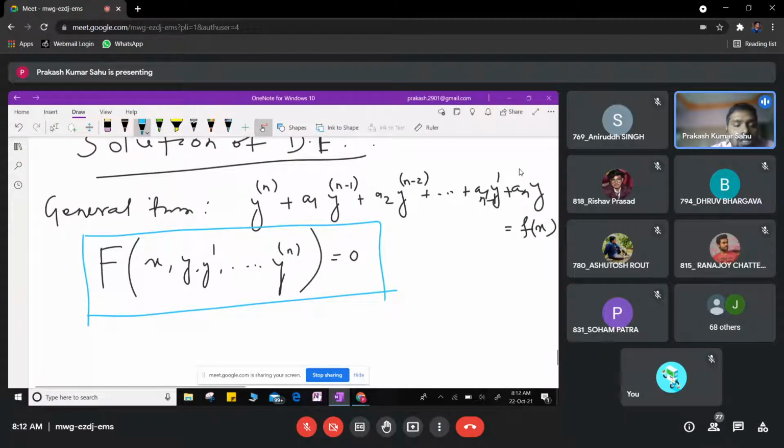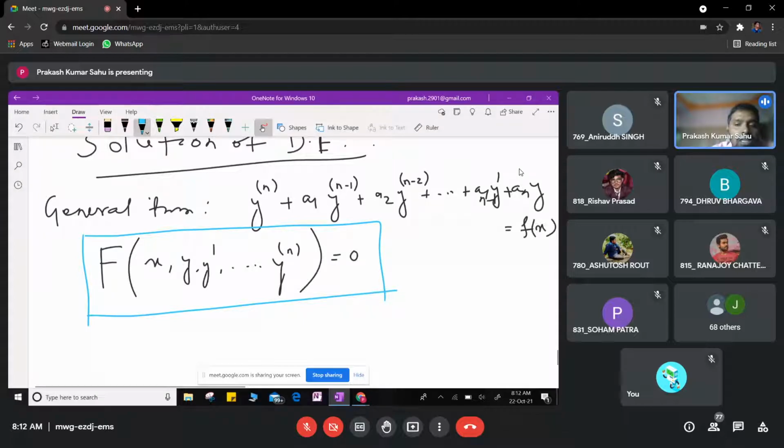And here you see these two types of differential equation. The first one is the explicit form. Explicit form means the differential equation where we write the nth derivative, then some coefficient into the n minus 1th derivative, again some coefficient into the n minus 2th derivative, up to y is equal to f of x.